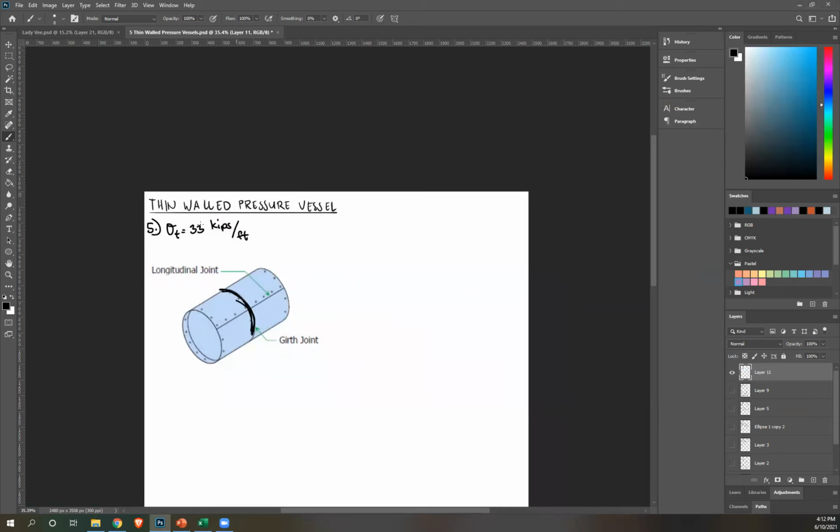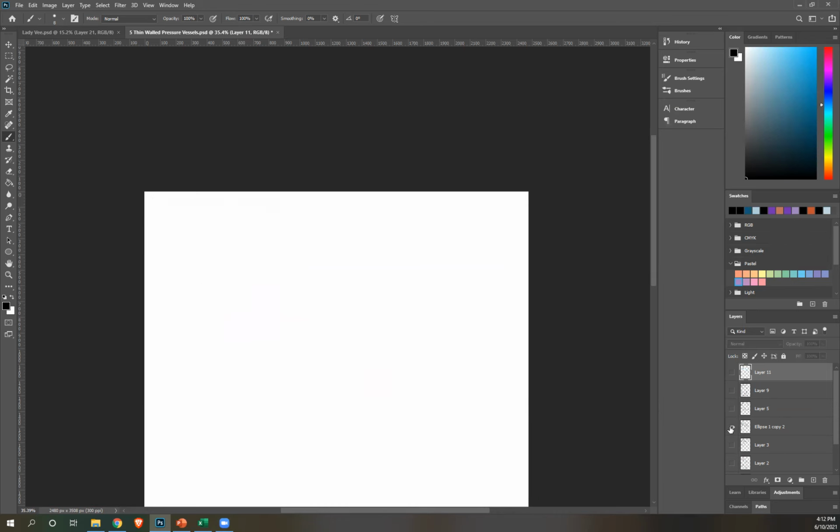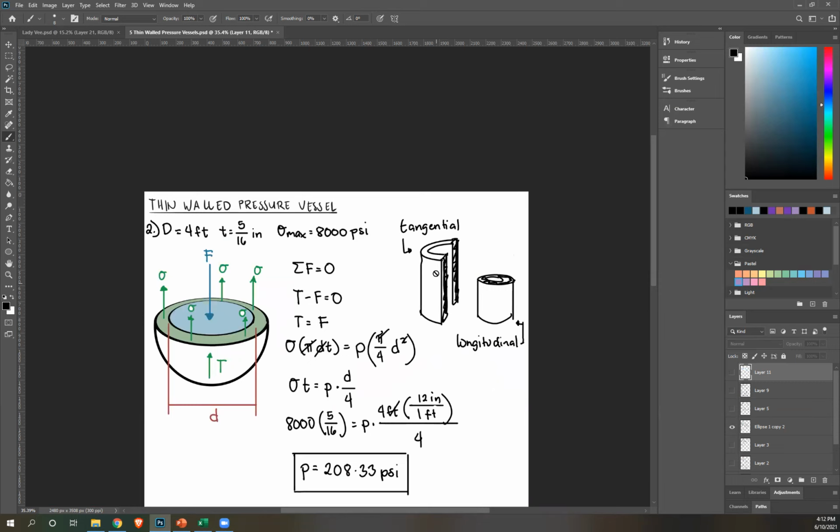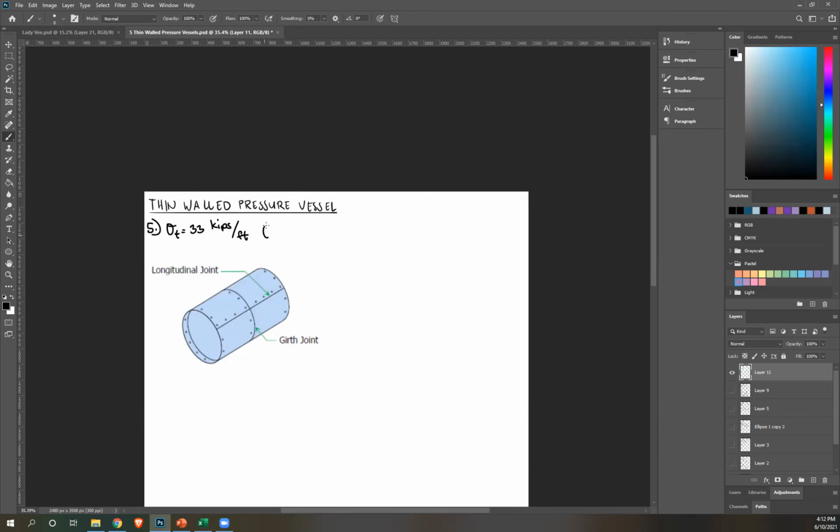If this is already tangential, then obviously this is now your longitudinal, which makes sense because as I mentioned earlier, tangential is along here, longitudinal is along here. Okay, so longitudinal 16 kips per feet. Okay, so now that we know this, the solution will be easy.